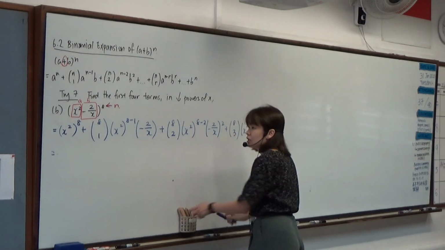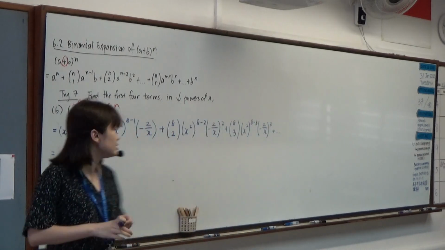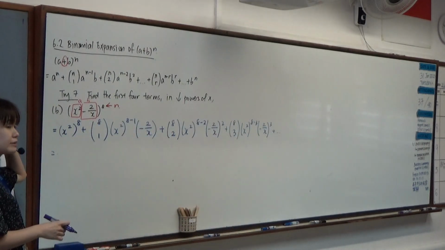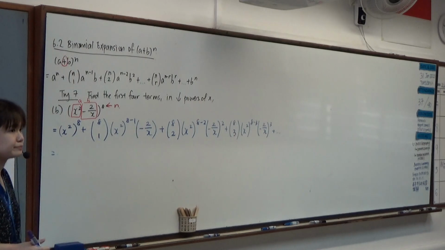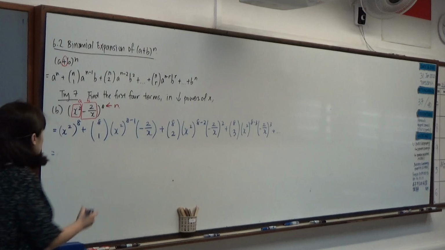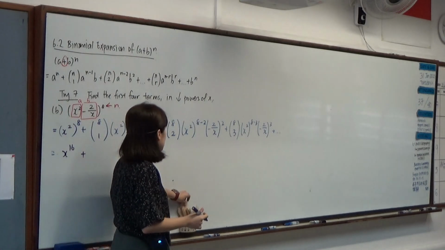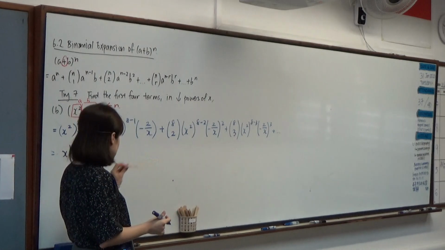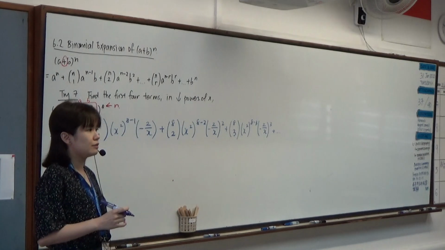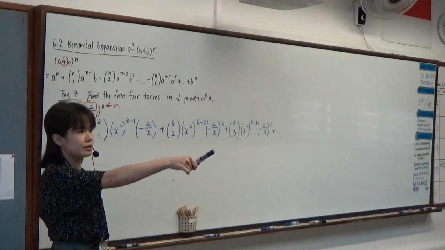Simple. Can you tell me what's going to be the next working? This one, what do I get next? X to the power of 16. Okay, what about the second term? What will I have?